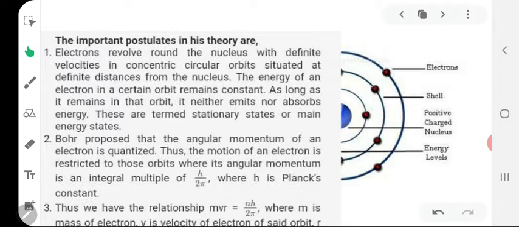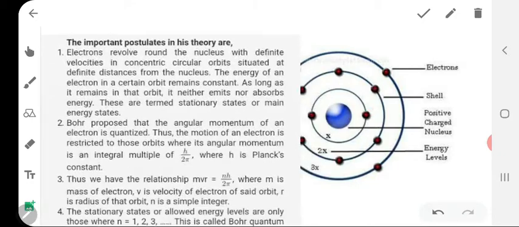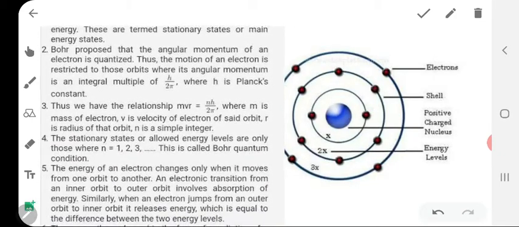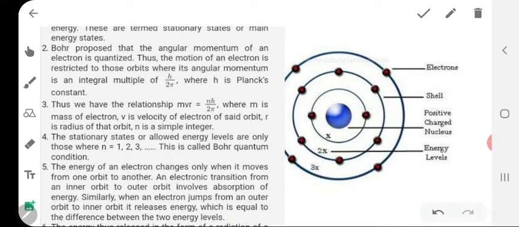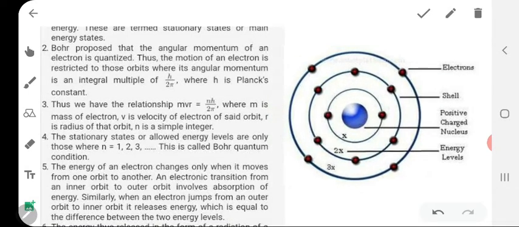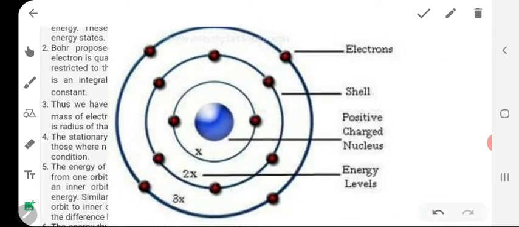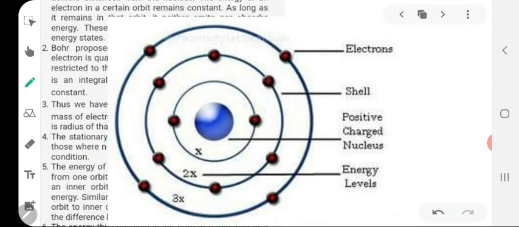Now, these energy levels or energy shells were also given specific names. They were named as K, L, M, and so on.